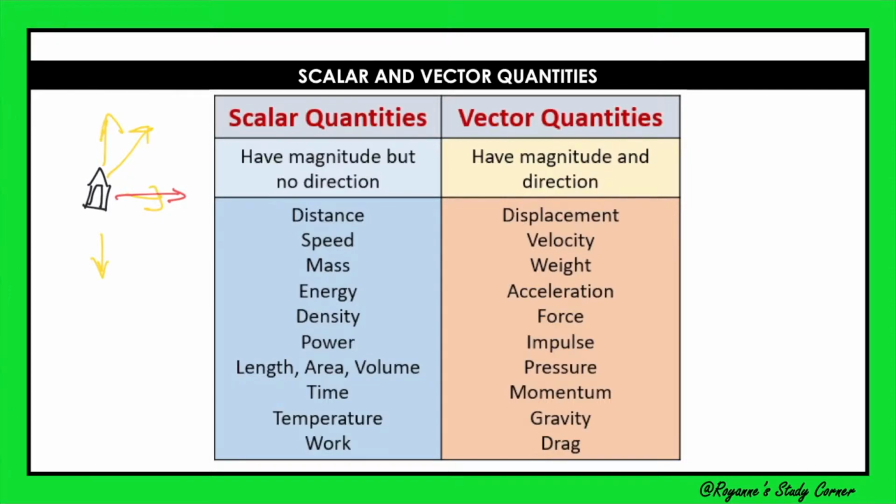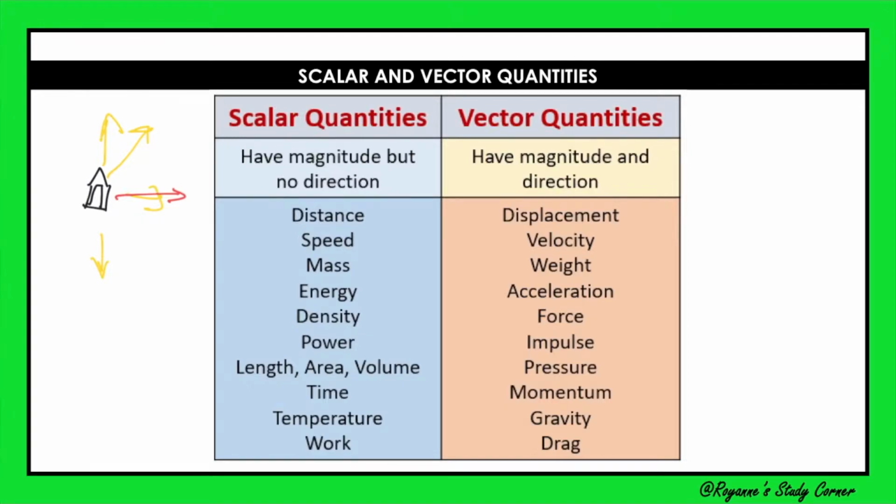So I could say I'm driving at 100 kilometers per hour. But you don't know if I'm heading east, west, north, south, where I'm heading. But if I say I am driving at 100 kilometers per hour westbound to Port of Spain, then you have a direction. So we have the same magnitude in both instances.